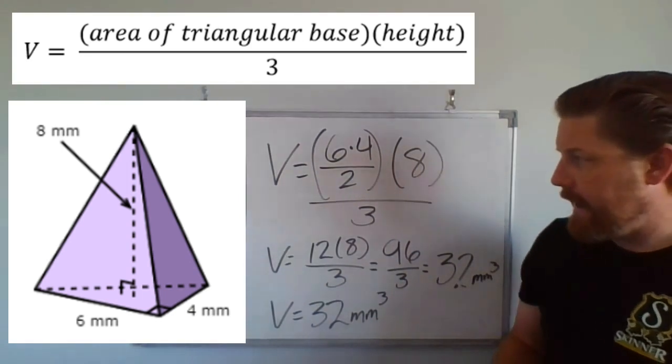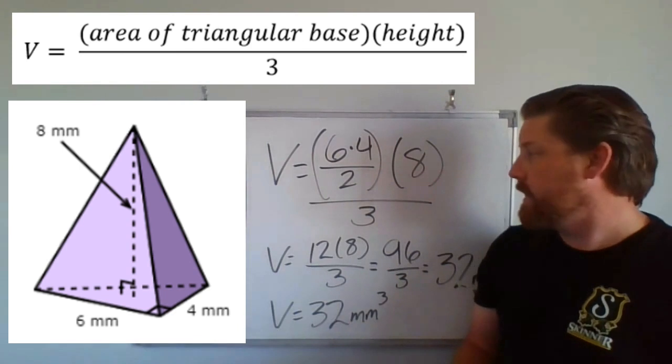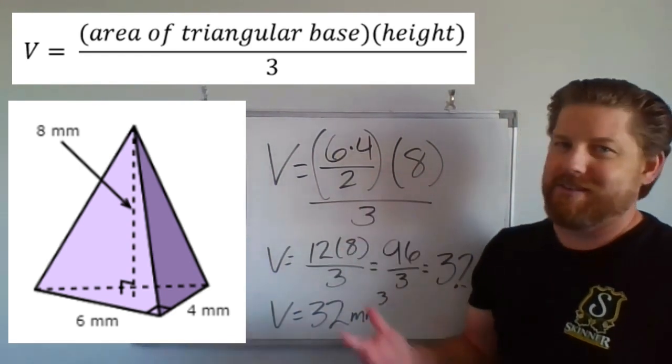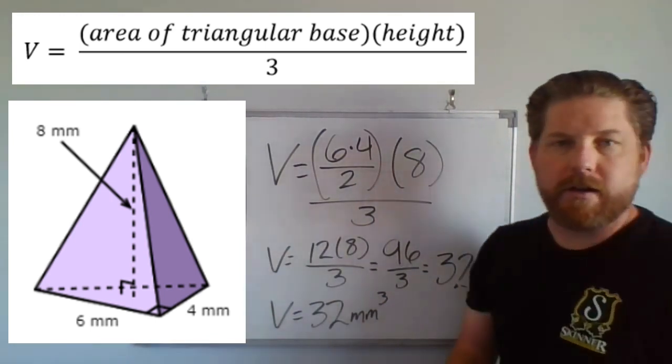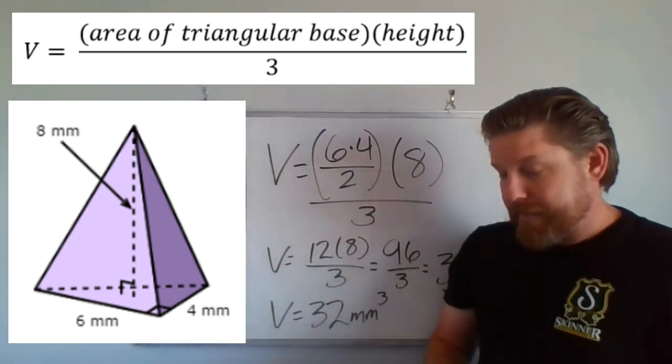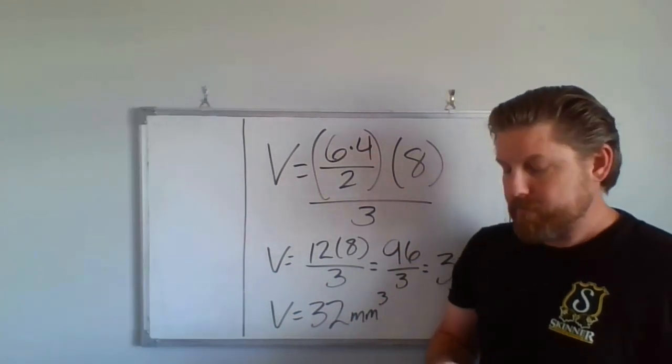Okay, so I guess of all of them, trying to find the volume of a triangular pyramid just has the most steps in it. Like I said, it's not complicated math, but it looks like there's a lot going on in here. But that's it. Those are all of the ones that you're going to find on your IXL.